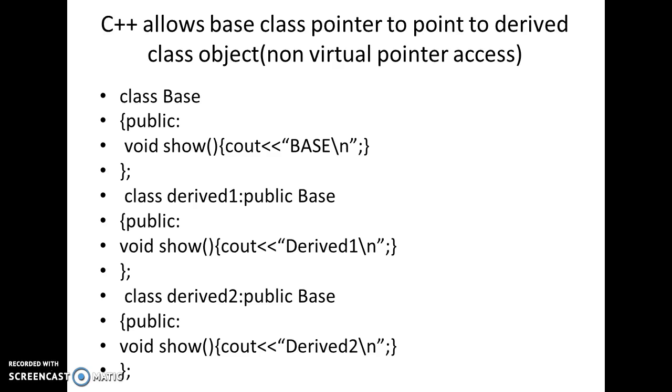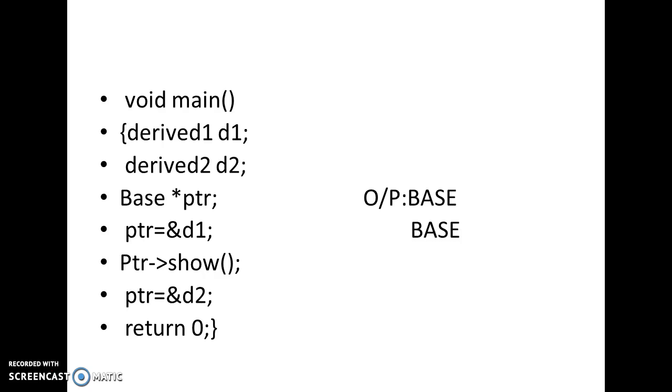Base class is base. It has the same function which the base class has, that is show function. One more derived class, that is derived 2. Base class is base.